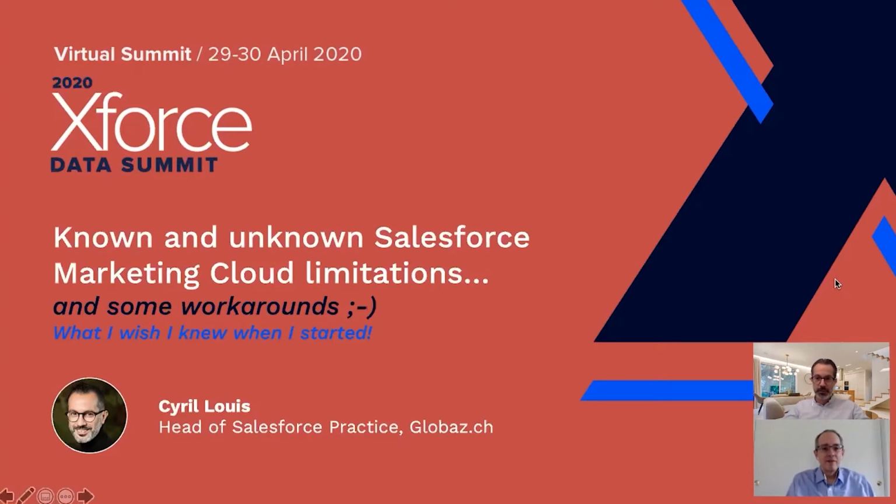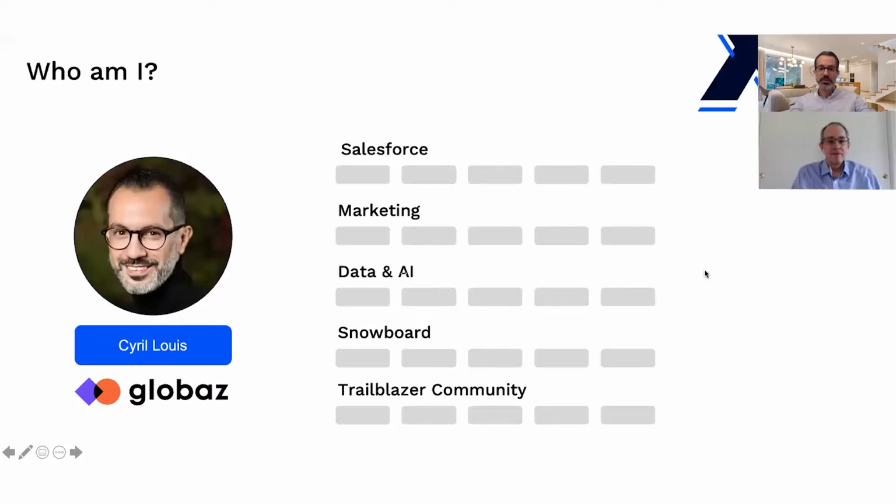So who am I? My name is Cyril Louis. I'm working at Globaz. And I'm working in a CRM ecosystem since last 17 years now, and I'm specialized on Salesforce since last 8 years now. So I've built tons of projects on Salesforce, working on different clouds: Sales Cloud, Service Cloud, Community Cloud, and so on.